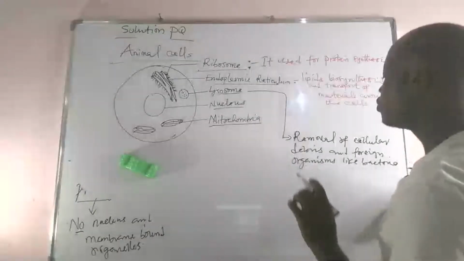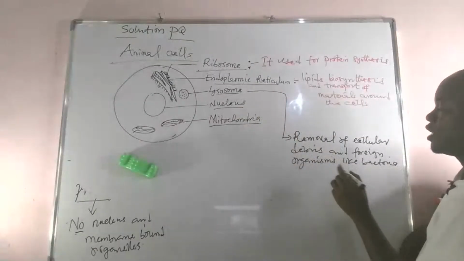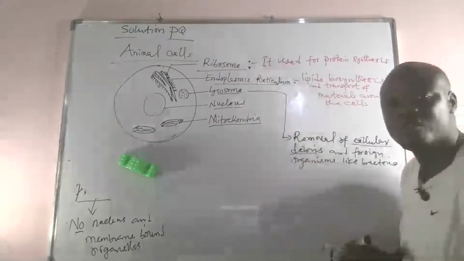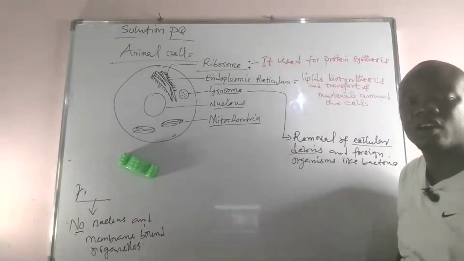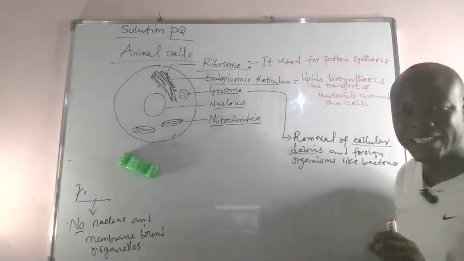So what I want you to understand is that the major function of lysosome is to remove cellular debris, and also any foreign substances like bacteria, viruses, or any organism that can cause disease.